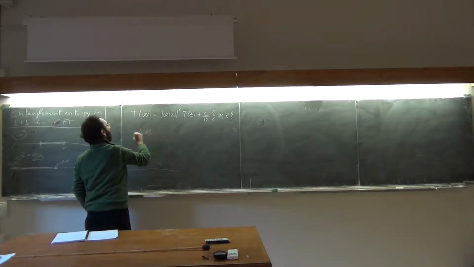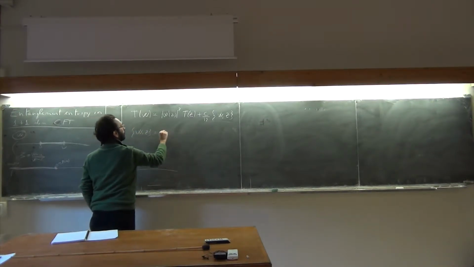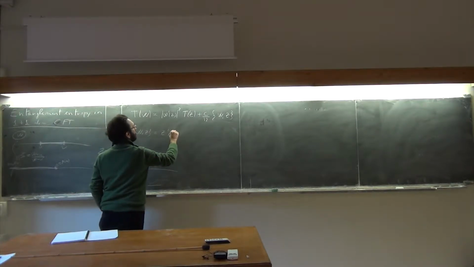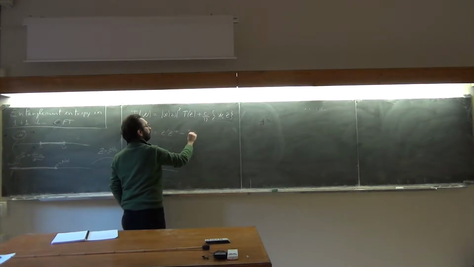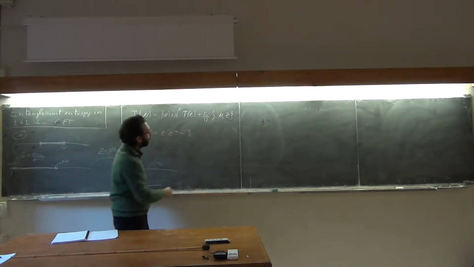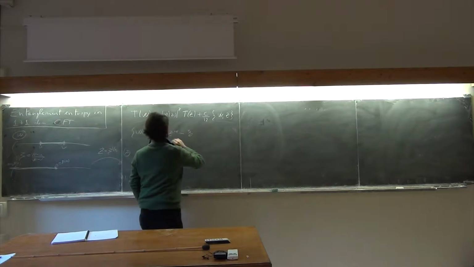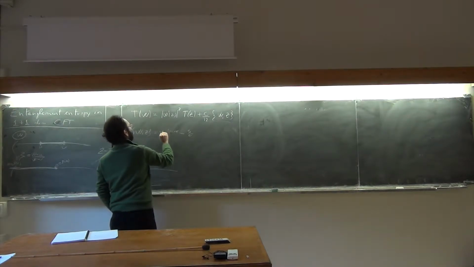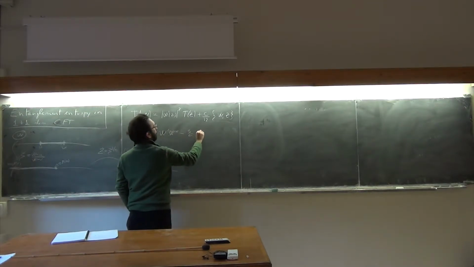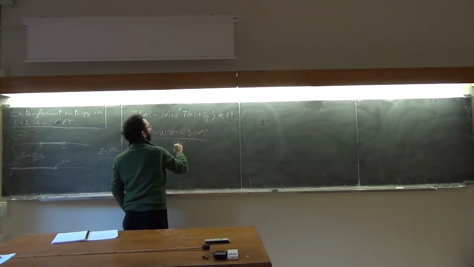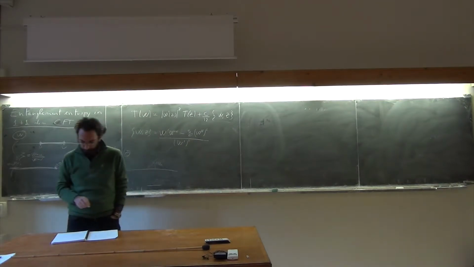It is just the third derivative of z over the first derivative, minus three halves of the second derivative squared over the first derivative squared.